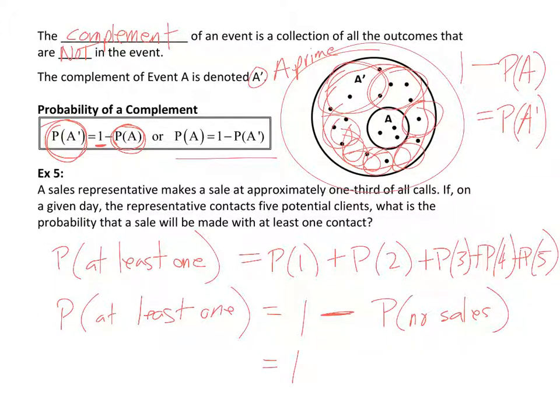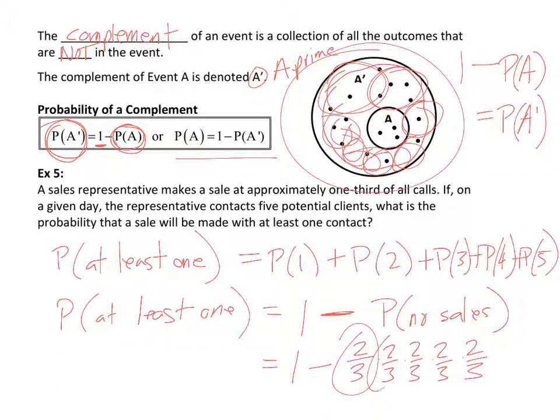So I have 1 minus... What's the probability of no sales? Well, it's going to be 2/3 times 2/3 times 2/3 times 2/3 times 2/3. Because if there's a 1/3 probability that you make the sale, then there's a 2/3 probability that you don't make the sale.